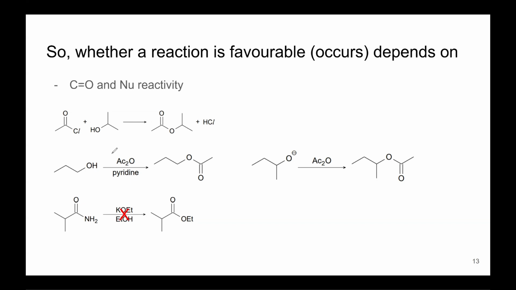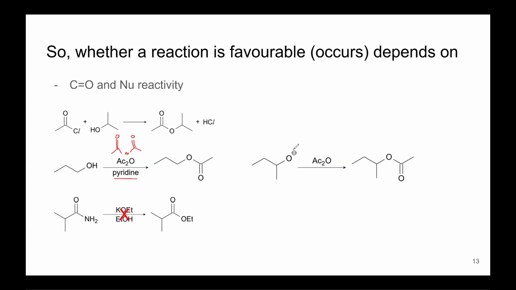Now for the reaction with Ac2O, which is an anhydride, you need the help of pyridine, which is a nucleophilic catalyst or a weak base, to make the reaction proceed.